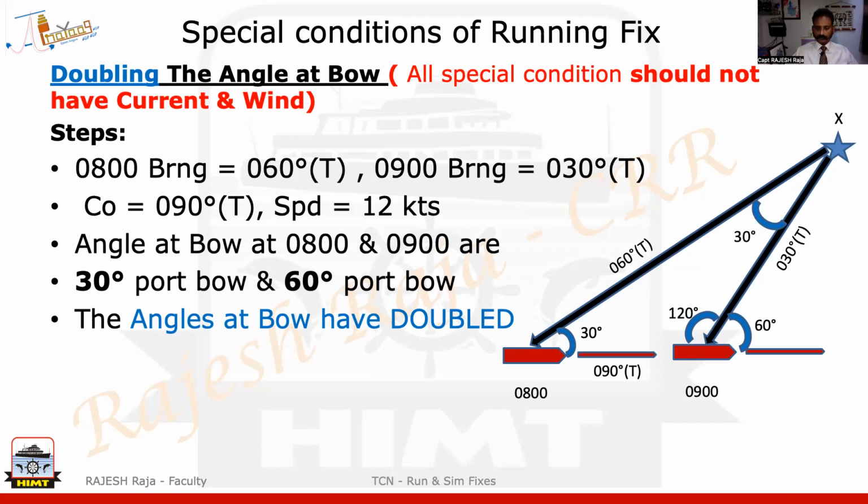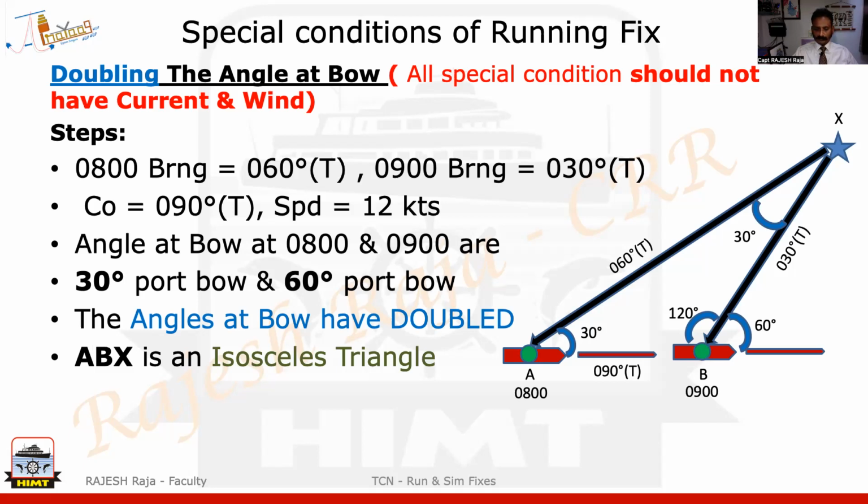Okay. So if you look at this triangle ABX, you have formed an isosceles triangle, which means two sides are equal, and hence two angles also will be equal.